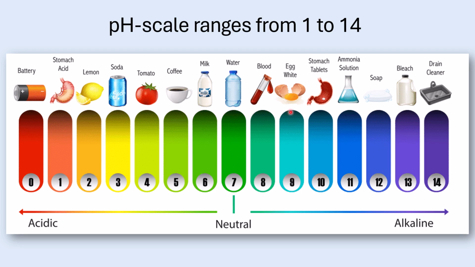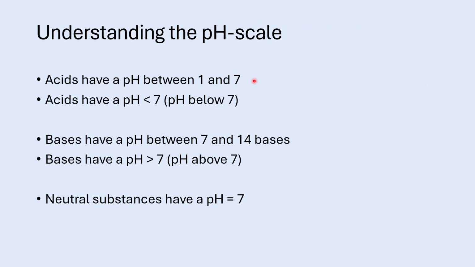The egg white is also slightly alkaline or basic. And then when you have stomach tablets that you take for heartburn, that will also be basic. Ammonia solution that you find in Handy Andy, your soap, bleach, and then your drain cleaner will have the highest pH of 14.